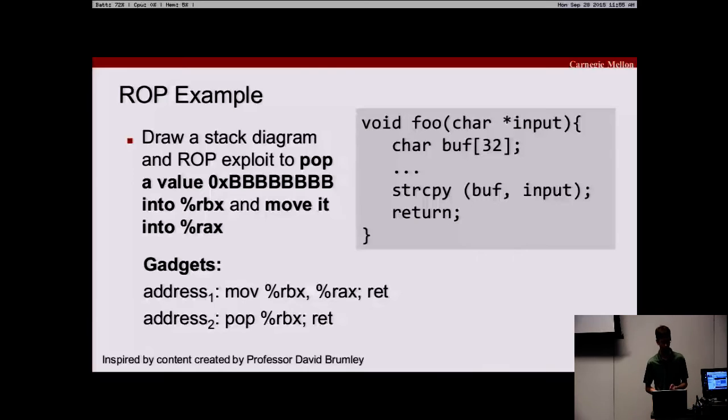And we want to take the value 0xBBBBBBBB, and we want to pop it into RBX and then move that into RAX. And we want to figure out how to write to our stack so that this is the effect that happens. Okay, so we've got a stack here.